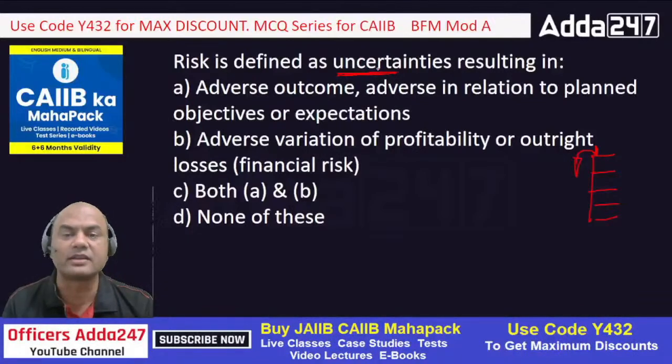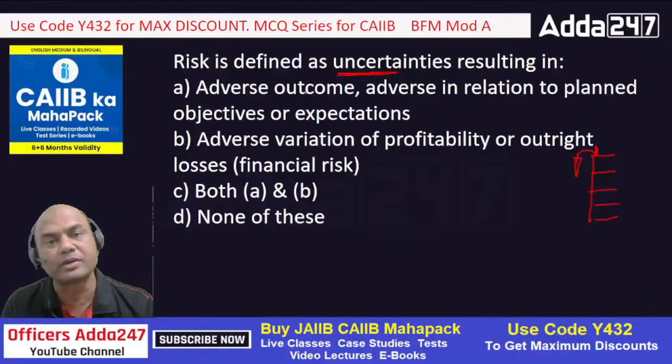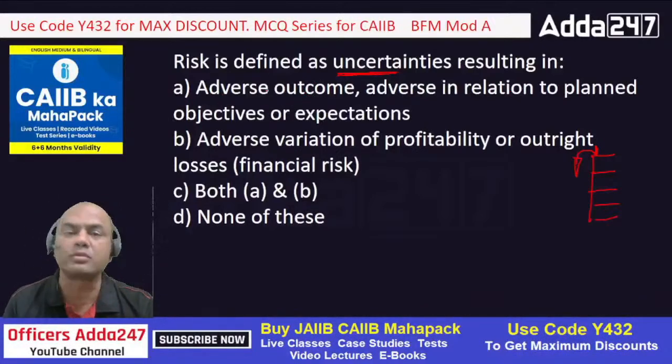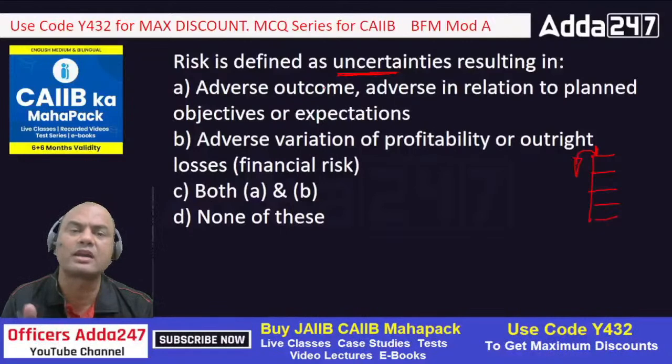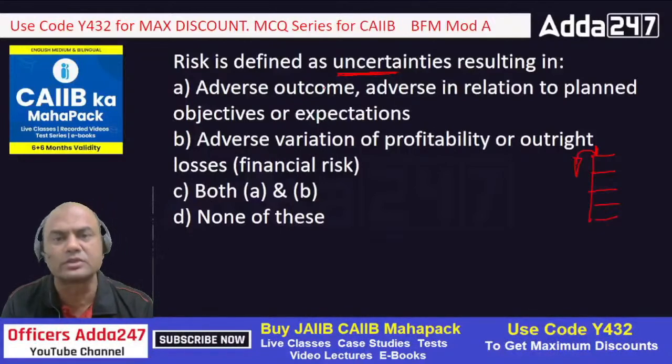So risk is defined as uncertainties resulting in adverse outcome, adverse in relation to the planned objectives or expectations. Whatever I had planned, let's say I expect 10% per year, but I don't get it. This happens mainly in the stock market. I invest somewhere expecting it to give me at least more than FDs, but sometimes the market doesn't work at all, like in this 2022 only.